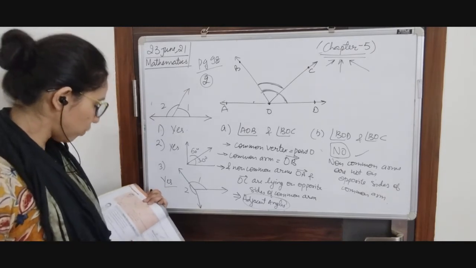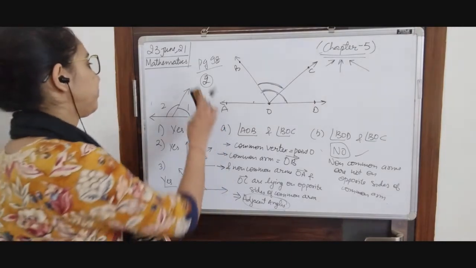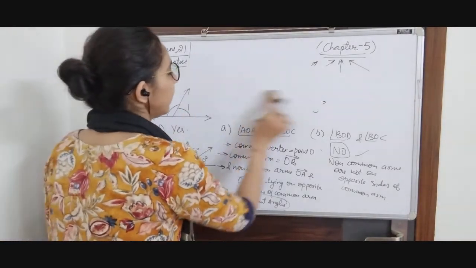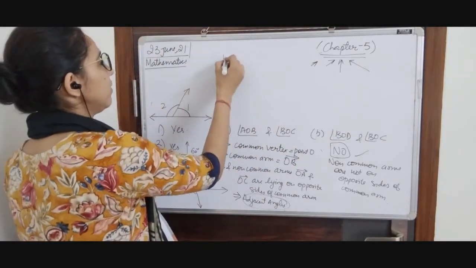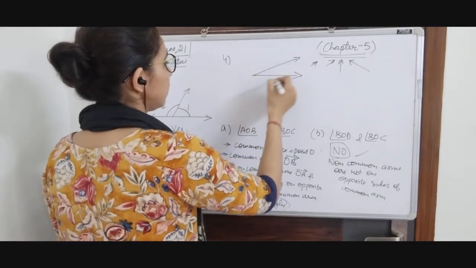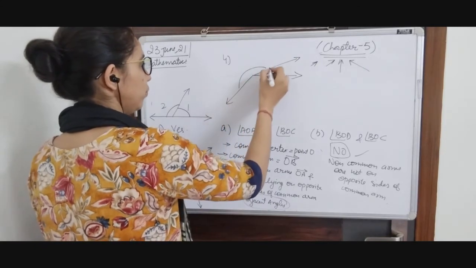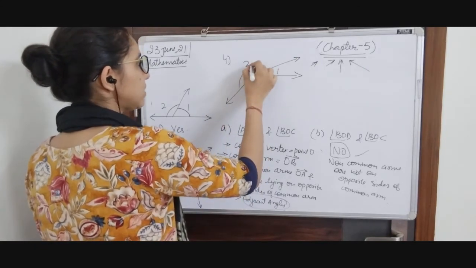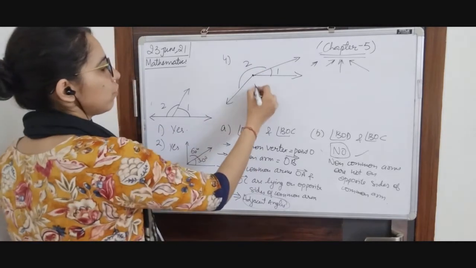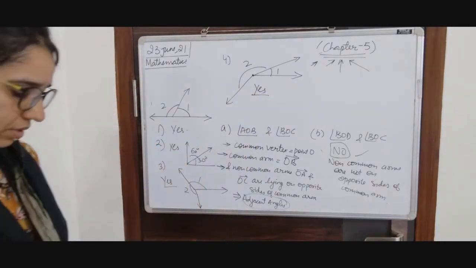Can an acute angle be adjacent to an obtuse angle? Again the answer is yes. Why? We can try to draw the figure. This is an acute angle and this is an obtuse angle, and they are supplementary. You can check for all the three conditions. So the answer is going to be yes.